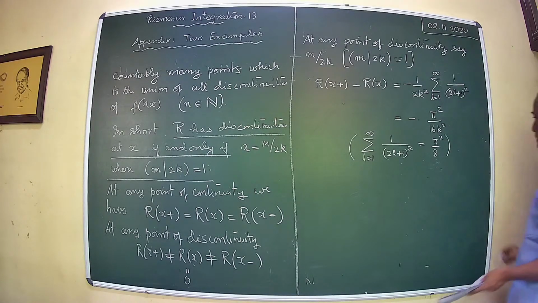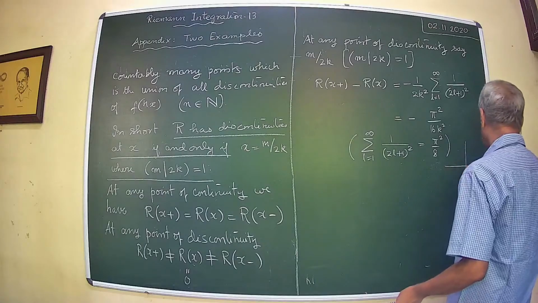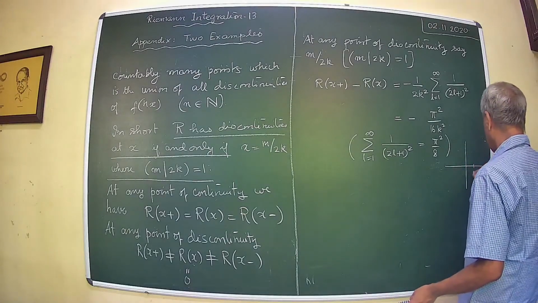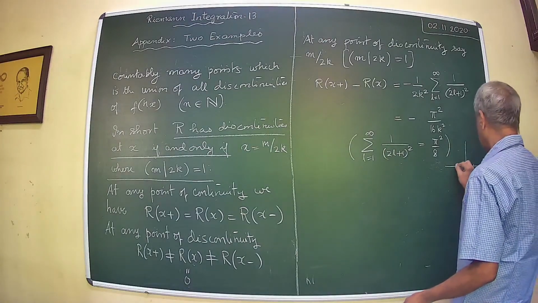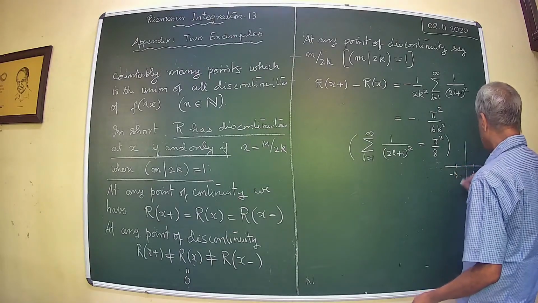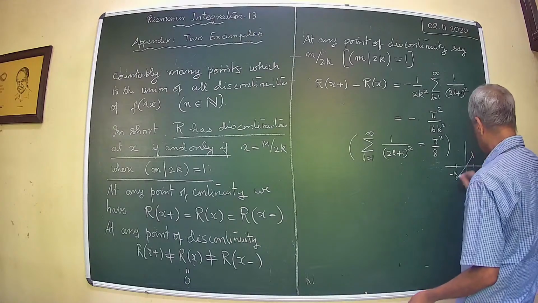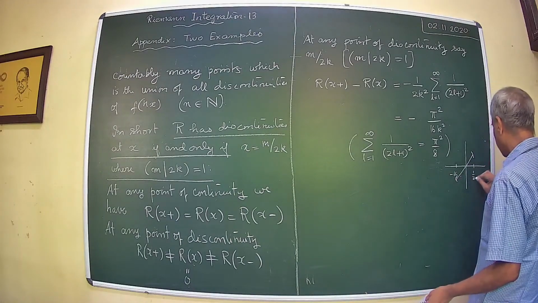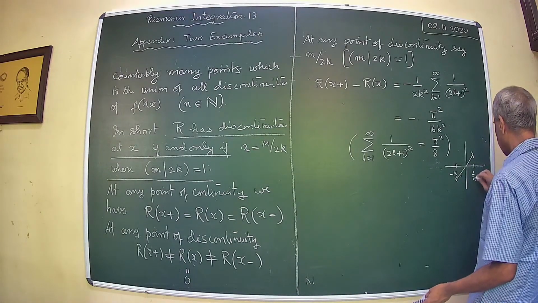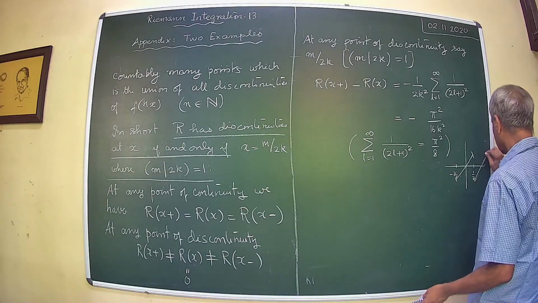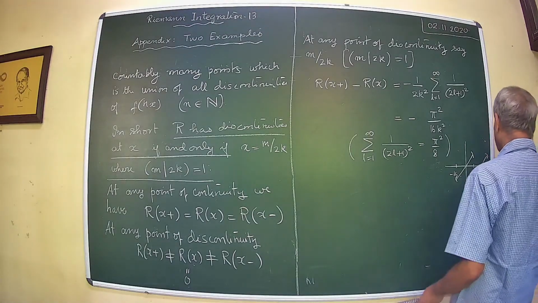So what you have is, see, for instance, at the point, what is the function? The function is like this, and from here onwards the function is like this. So what happens?